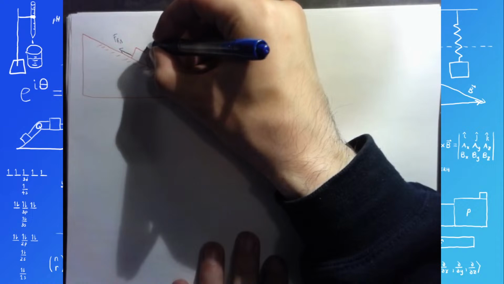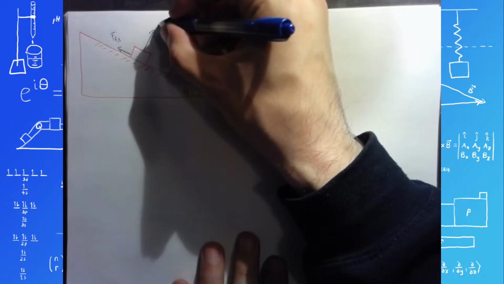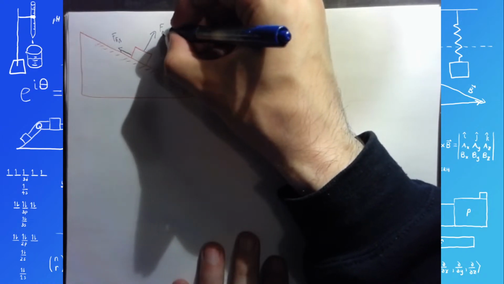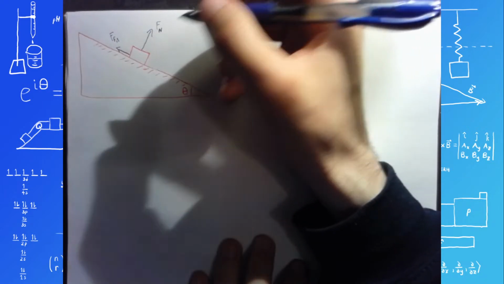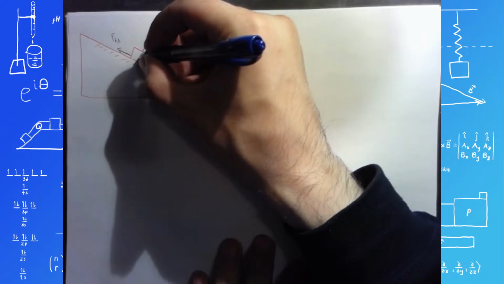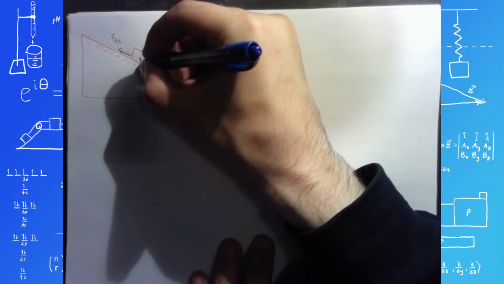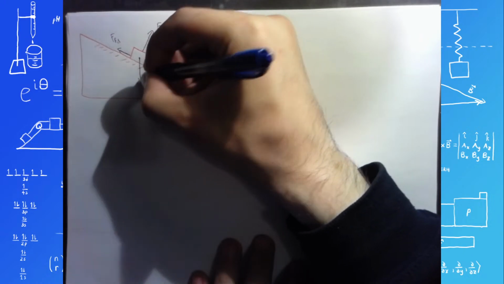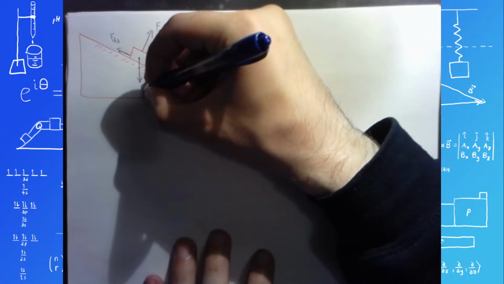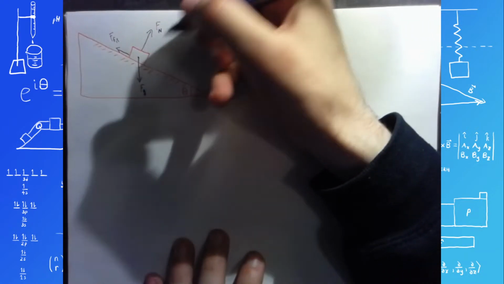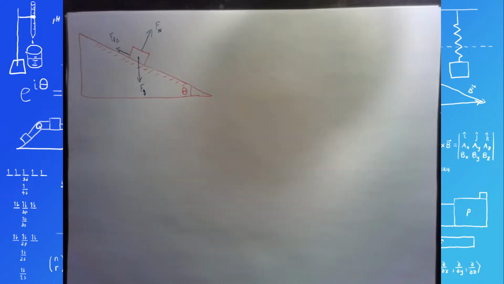You have normal force, perpendicular to the incline and away from the incline. Normal force is always a push. It does not pull, so it has to be away from the contact surface. And force of gravity is straight down. That G is looking like a Y. I think that fixes it a little bit.